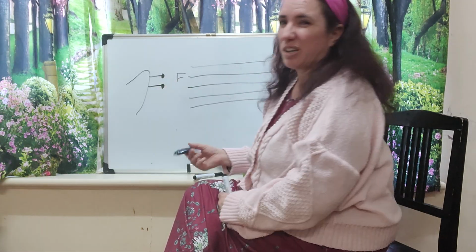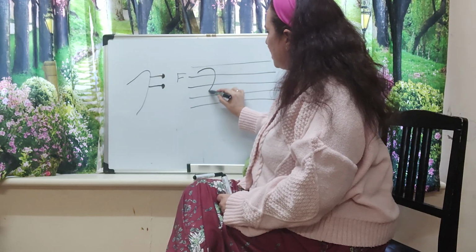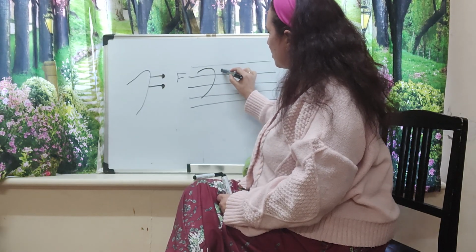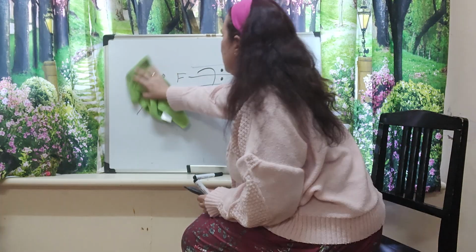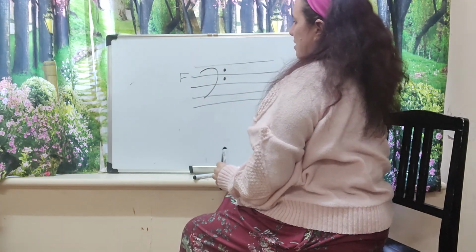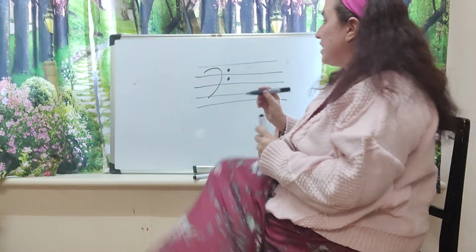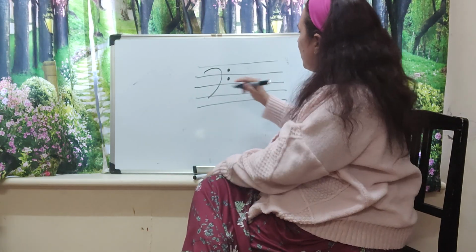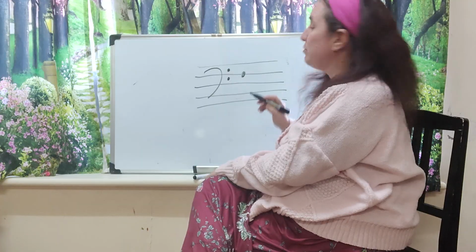And so it's sort of like a running writing F. But when I write it on the stave these days, those lines going across are missing, and just the blobs of ink are there. It's still on the 4th line, the same as was written with a little f, and it doesn't move anymore. So it stays on that 4th line. So there's my F on the 4th line, F.